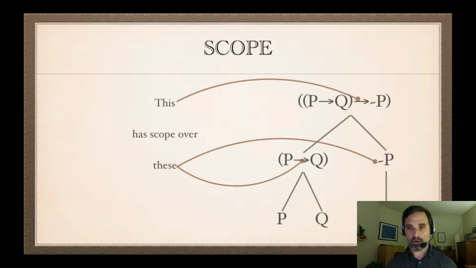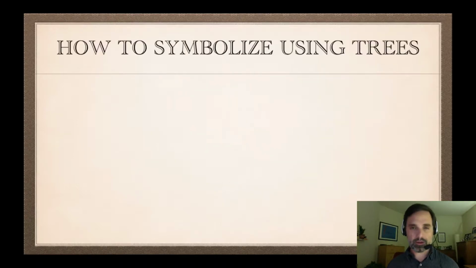So it's a straightforward notion, scope. You can think of it as how much of the tree is beneath the connective. The connective with the highest scope is over the whole tree, whereas the negation, for example, is just over one branch.